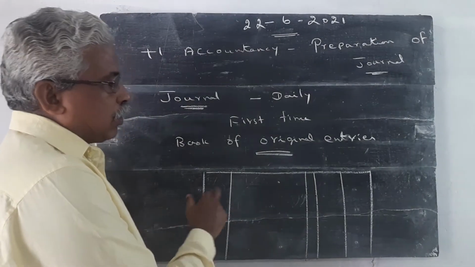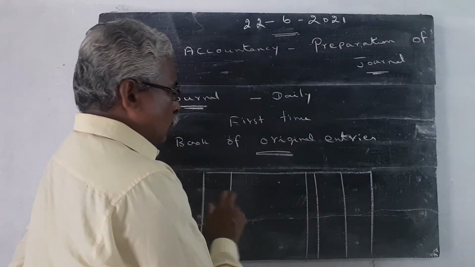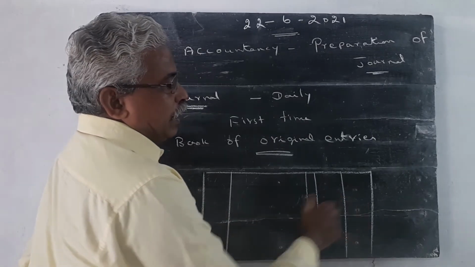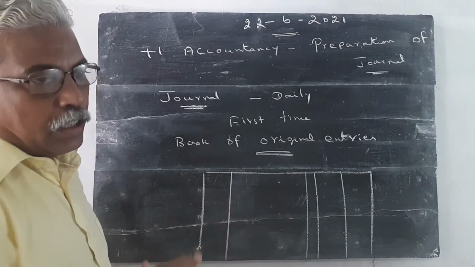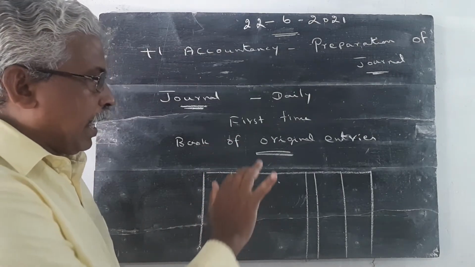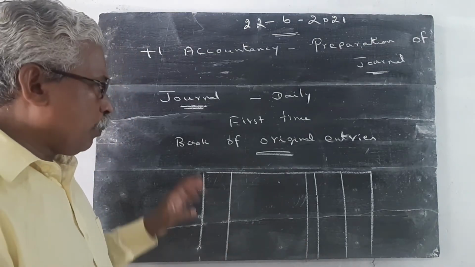First date column, particulars, debit, credit. So these 5 columns are given: 1, 2, 3, 4, 5. These 5 columns are already drawn in the notebook. So try to buy one accountancy notebook, take notes and study the portions one by one.